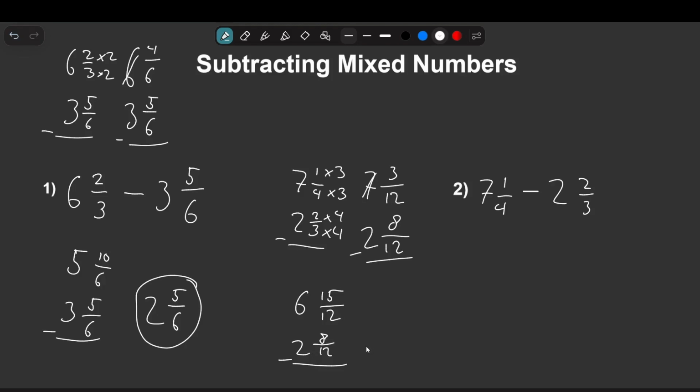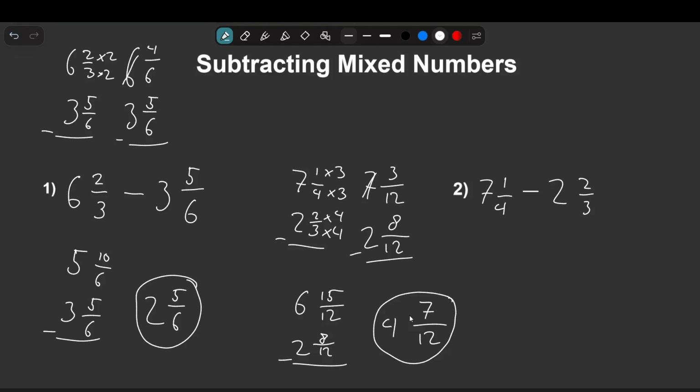So we're going to do 15 minus 8, and 15 minus 8 will equal 7. And of course our denominator stays the same again, and now we can start subtracting our whole numbers. So we're going to do 6 minus 2, and this will equal 4. And like this you will get to your final answer of 4 7/12.